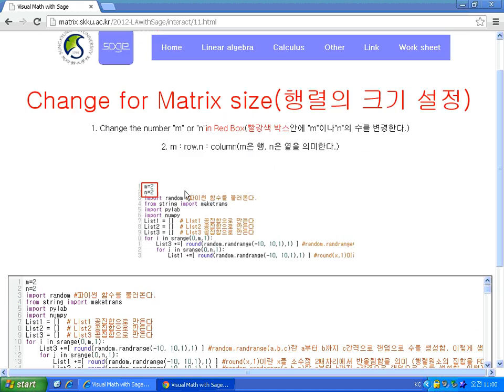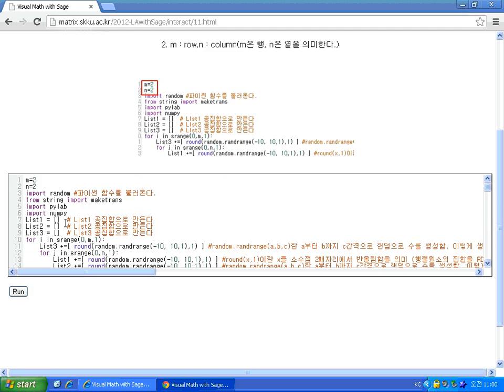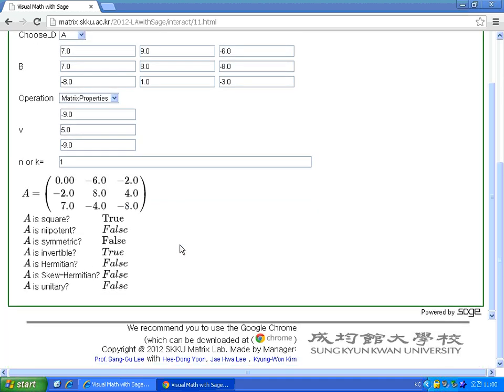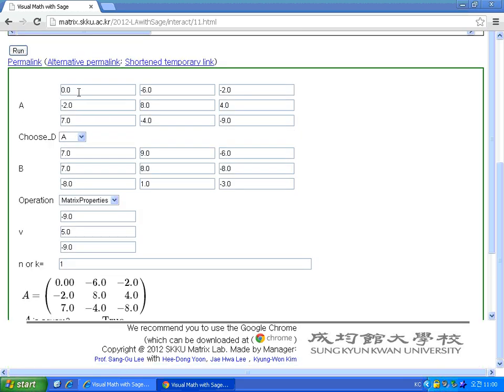These are the commands for what we would like to do. And this is the size that you would like to make. You can always make a larger matrix of your choice. Then you can run it. Then you will have a 3 by 3 matrix like this.